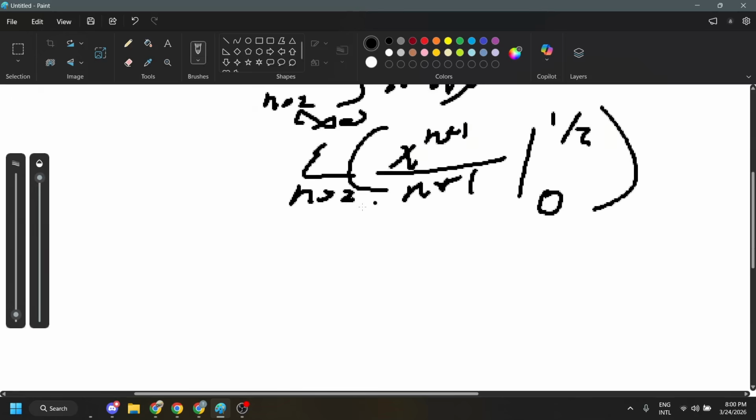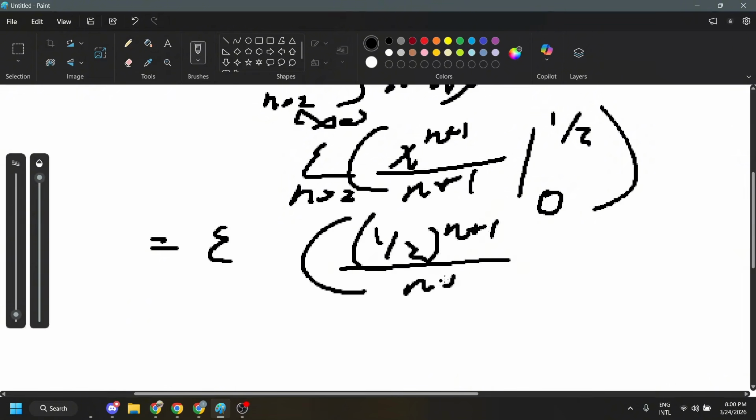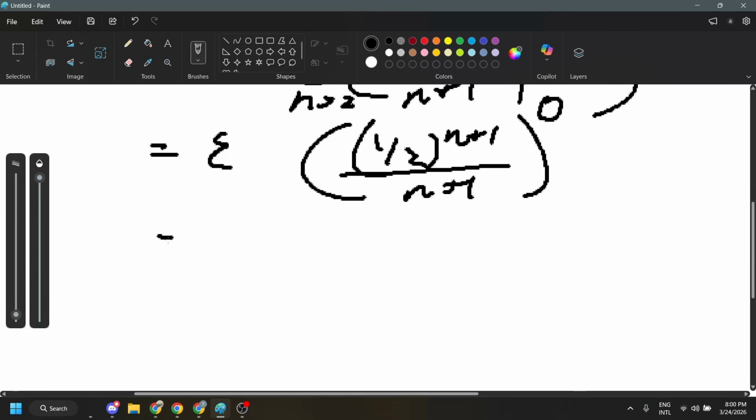So this is going to be equal to the sum of 1/2 to the n plus 1 over n plus 1 minus 0 to the n plus 1, which is just going to be 0. So it's just this, 1 over n plus 1.